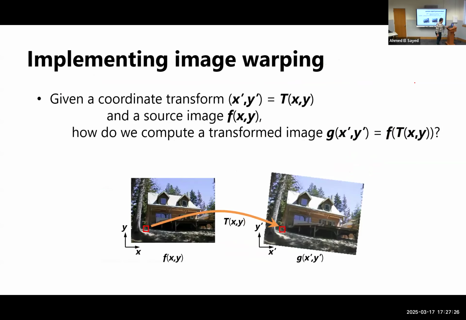The problem that we always face is when moving from one given image to a transformed version. Theoretically, we find the new location of this location, then move the pixel value from here to here. That's how it should originally be.